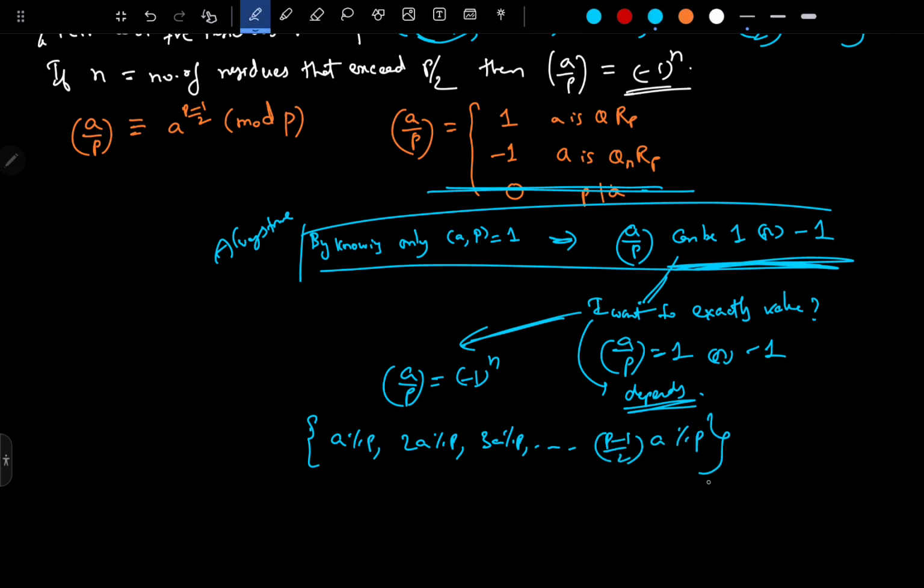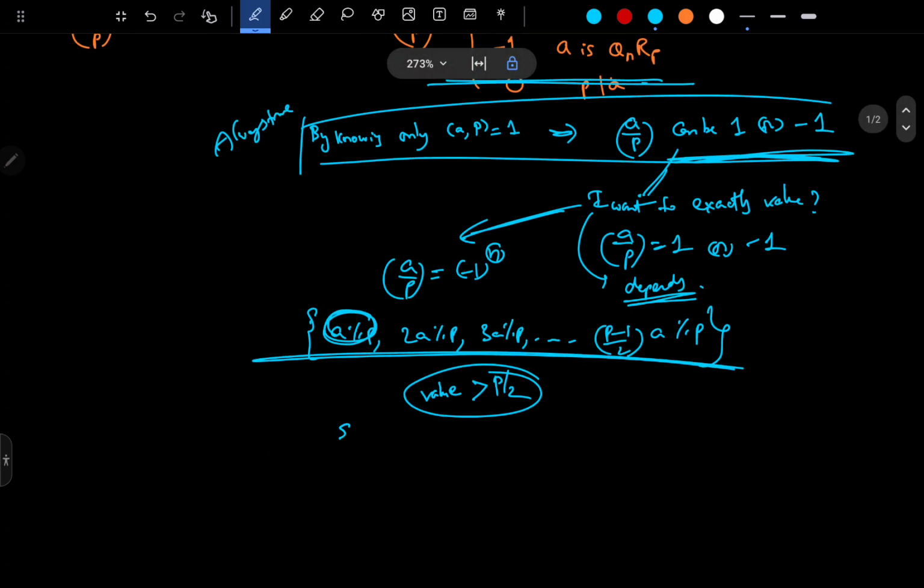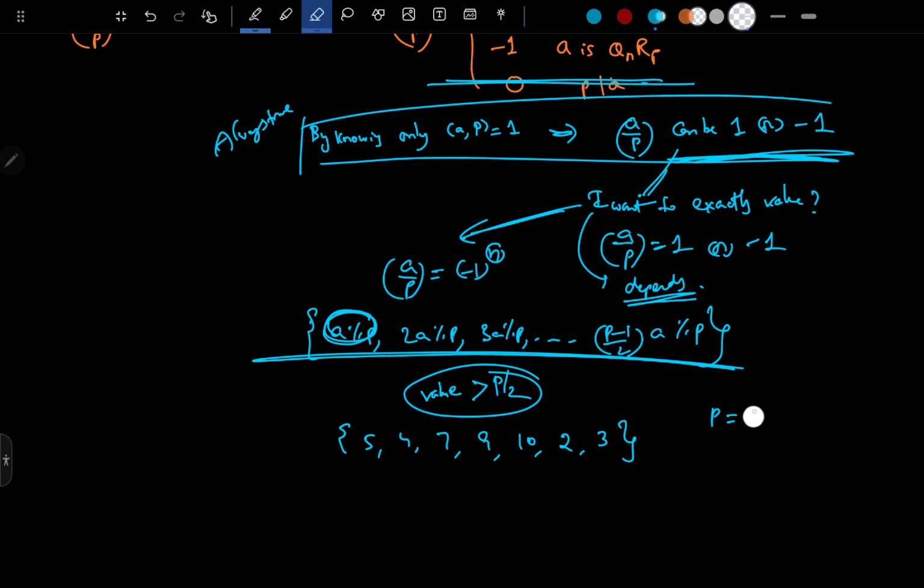Then n is the count of these values which are greater than p by 2. Suppose it came out to be like 5, 4, 7, 9, 10, 2, 3, something like that, and let's say I have p as, suppose, 19.